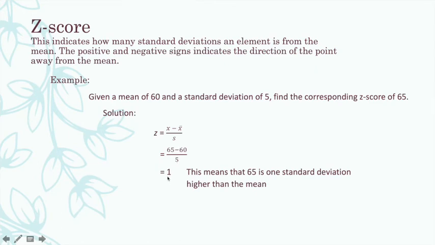So this means that 65 is one standard deviation higher than the mean. And the standard deviation is 5, so 65 is 5 higher than the mean. Nakuha?